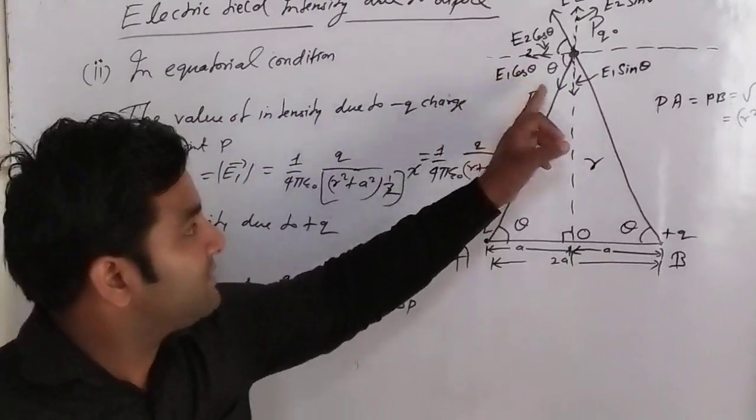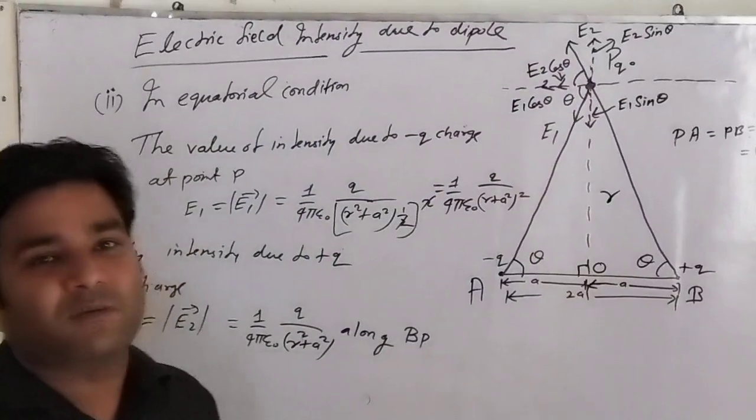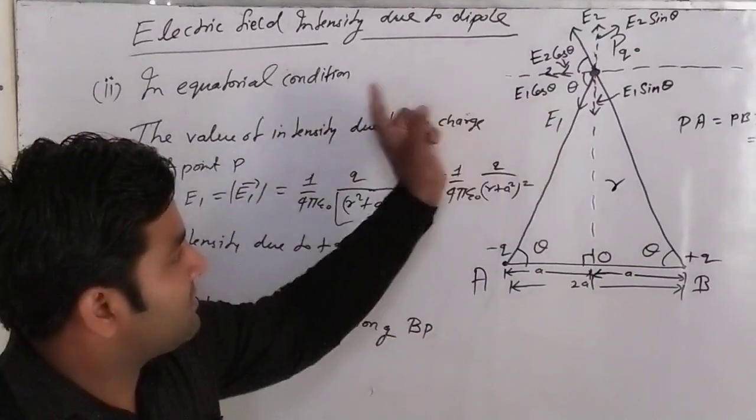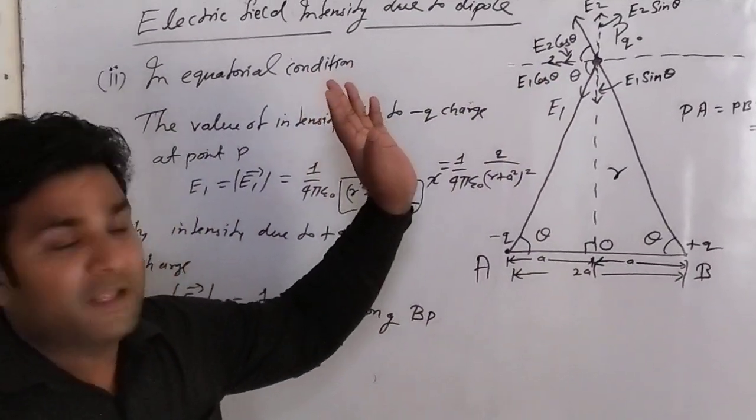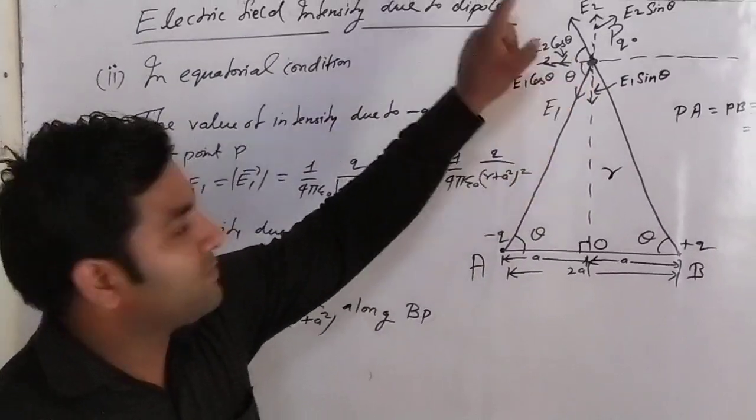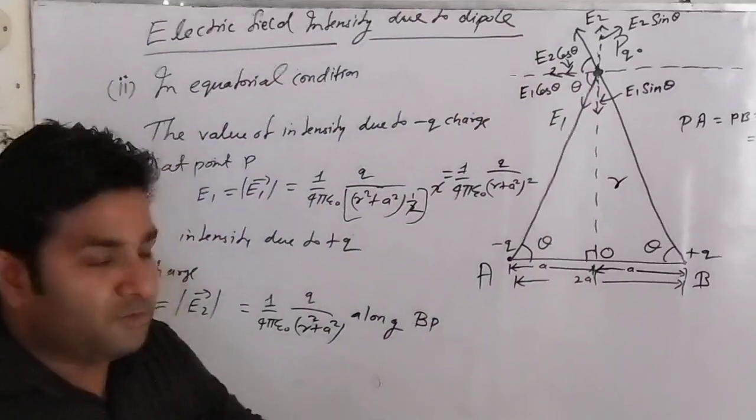When we resolve E1 and E2 into rectangular components, observe that E1 cos theta and E2 cos theta are in the same direction, but E1 sin theta and E2 sin theta are opposite to each other.